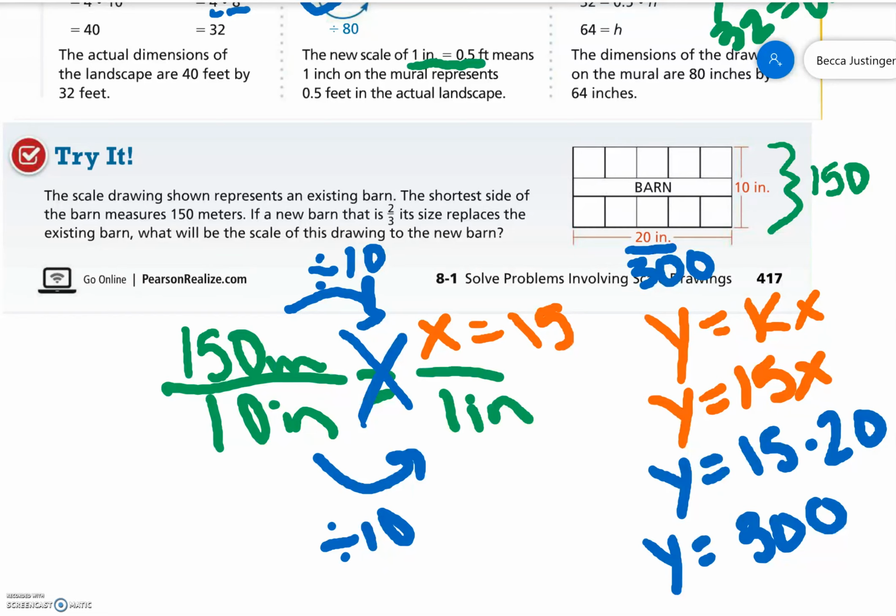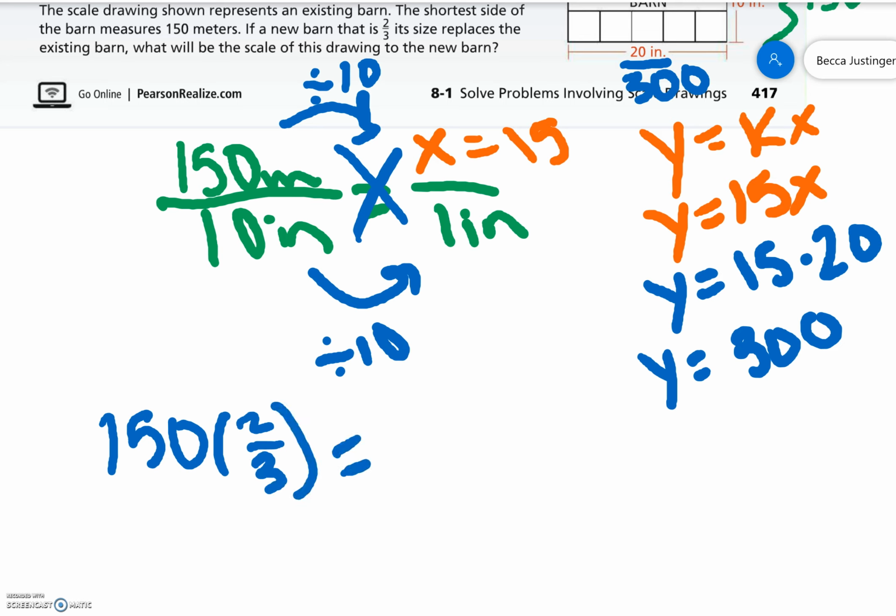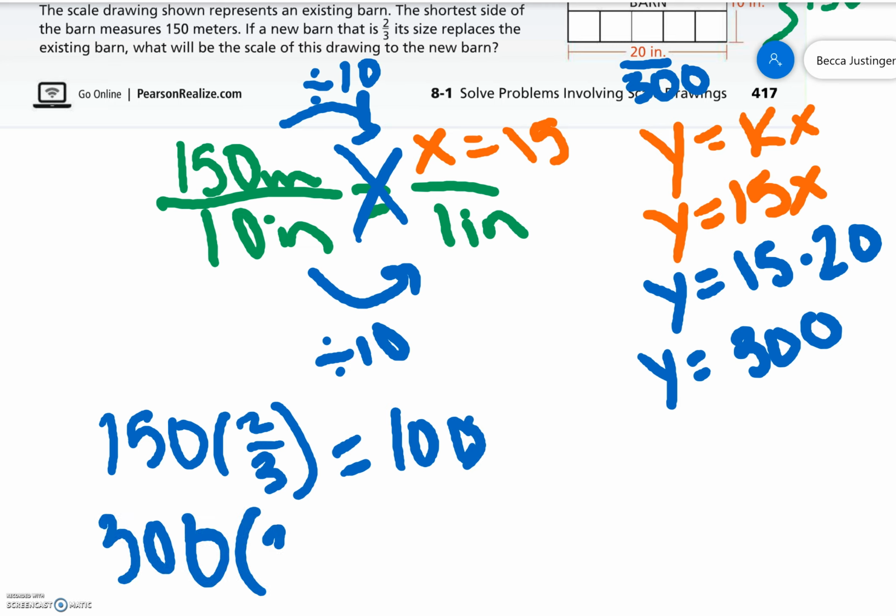But the barn is now 2/3 the size. So we need to figure out what's 2/3 of both. 150 times 2/3 is going to be 100. And 300 times 2/3 is equal to 200. So the new barn is going to be 100 by 200.